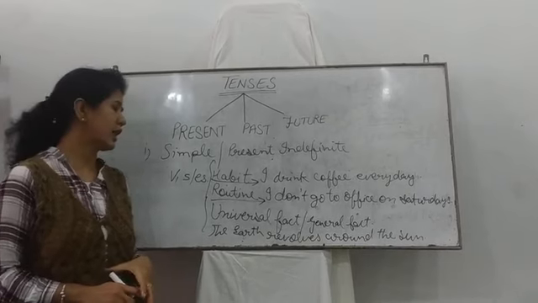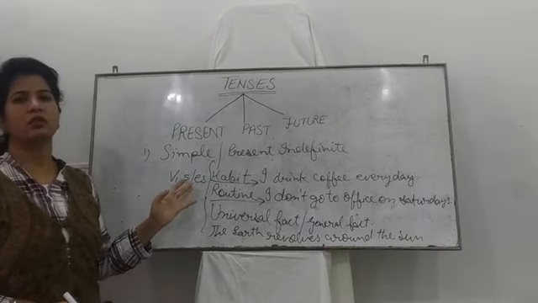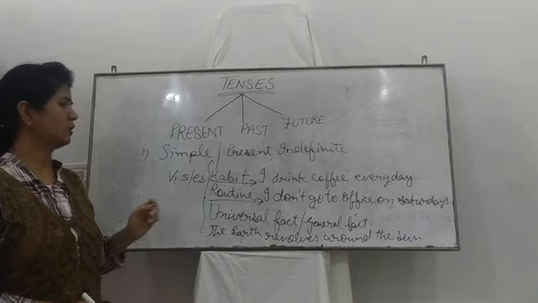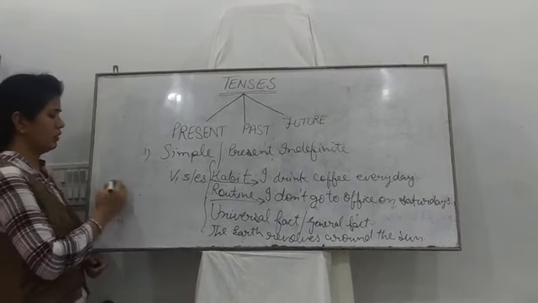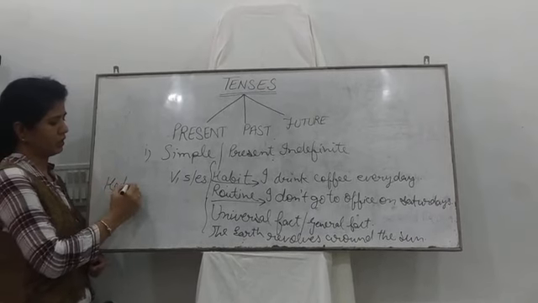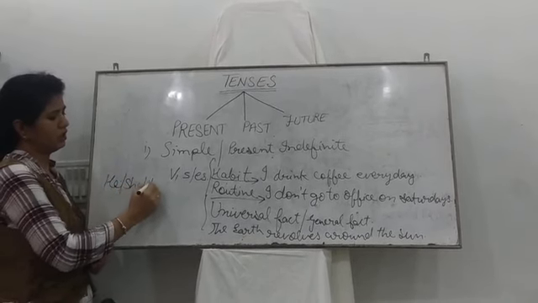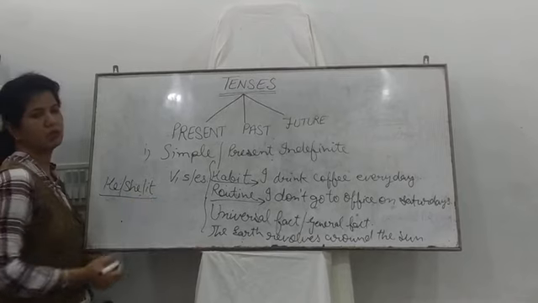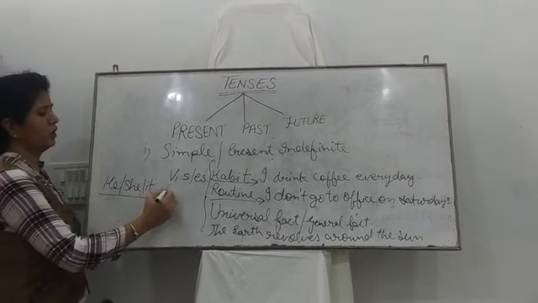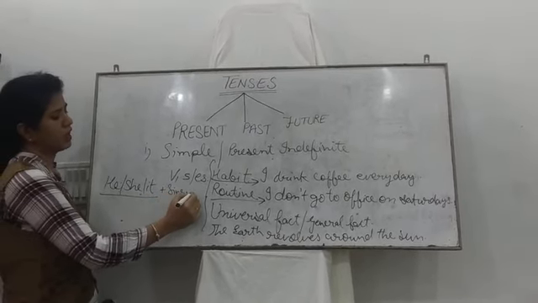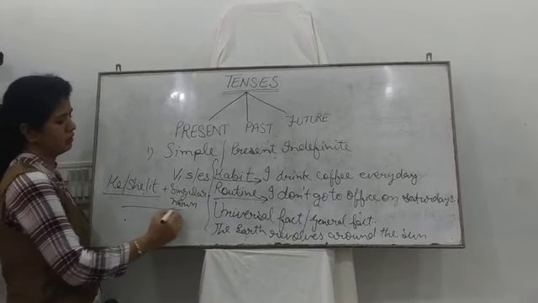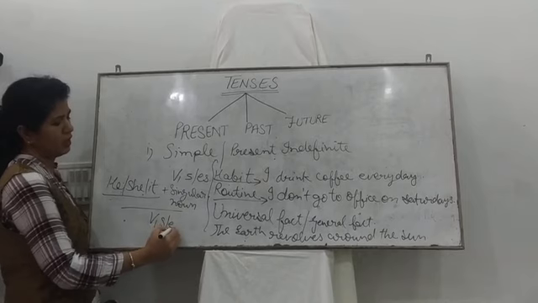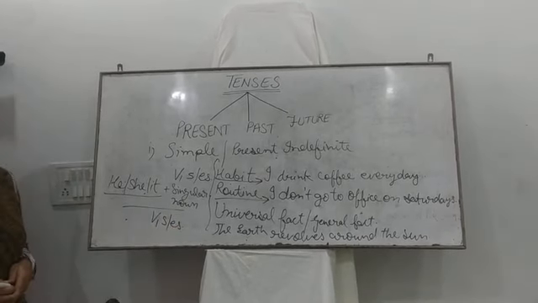Now, the question is where should we use S, or where should we omit the S or ES. Okay? When our subject is singular, he, she, it, these are singular pronouns, or a singular noun, then we will use the verb's first form with S or ES.